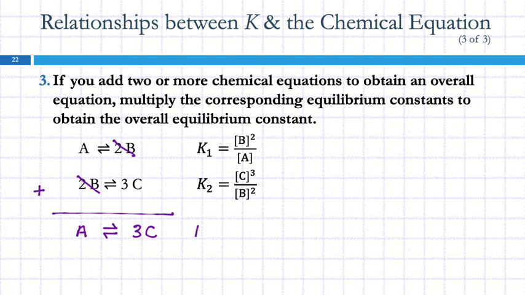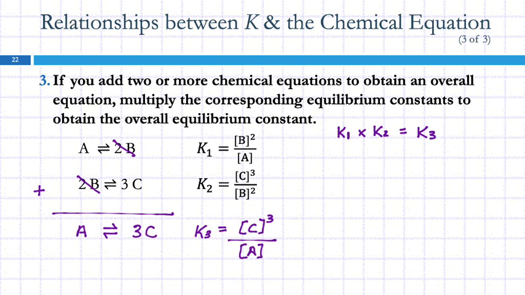So let's call this K3, and let's write the equilibrium constant from this equation. Well, it's going to be C cubed divided by A, right? So what this rule says is that K1 times K2 is going to equal K3. If I add the equations, then the equilibrium constant will equal the original ones multiplied.